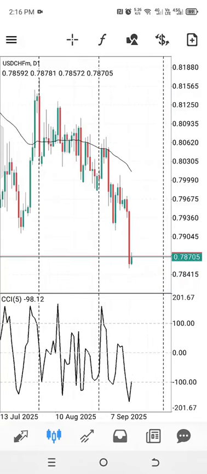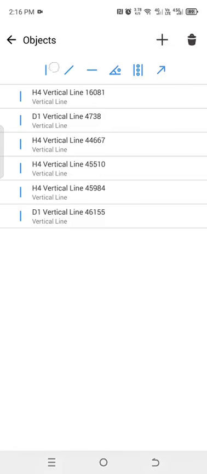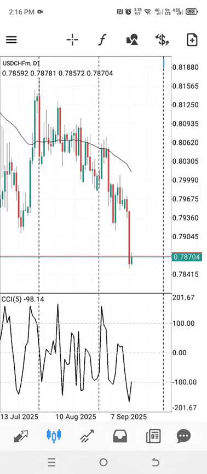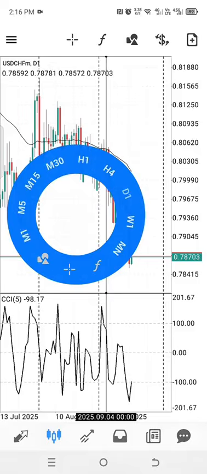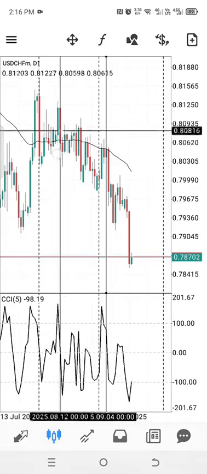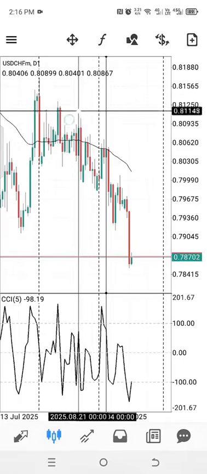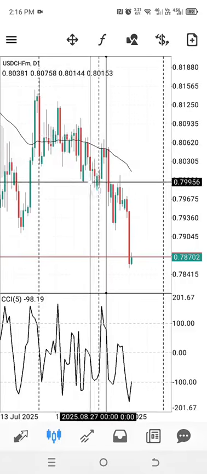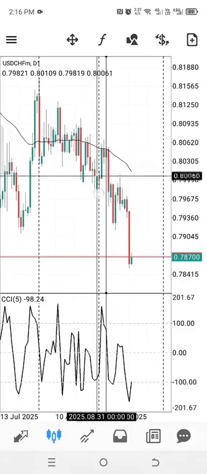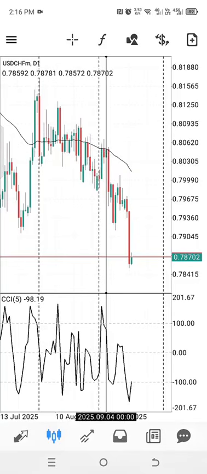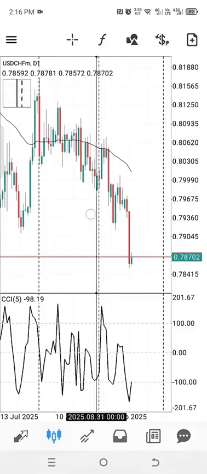So this is the USD CHF chart, the daily time frame. Now if you notice, the market had already started its downward trend here. It broke past the EMA 50 and then went back to touch the EMA 50. So what are we supposed to do?